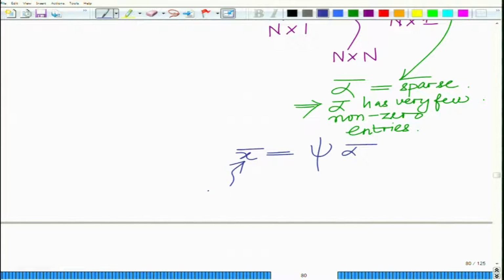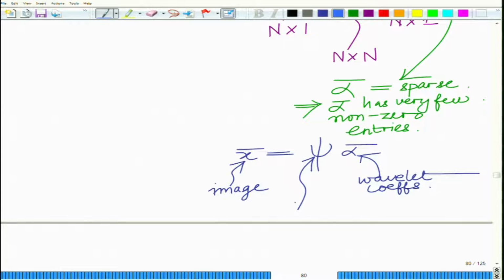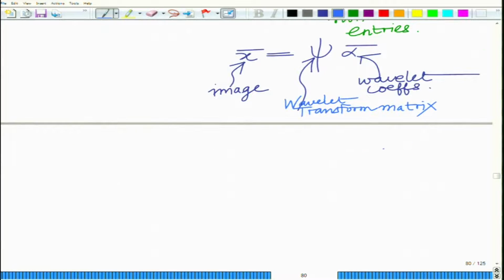Let us say this is the image, these are the wavelet coefficients, and this is your wavelet transform matrix, a linear transform. So, x bar is sparse or x bar can be expressed in terms of alpha bar which is sparse.